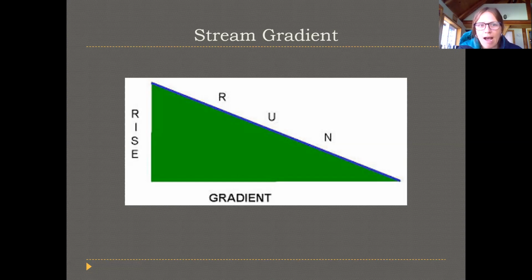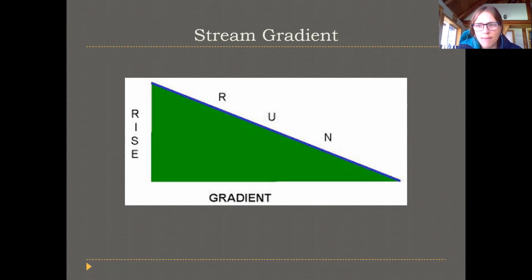So if we think about the rise over run, a math concept, like how much vertical distance a stream dropped over how much horizontal distance was covered. So maybe the stream drops 200 feet over a mile. We could divide the vertical distance, the 200 feet, by the mile, which is 5,280 feet.